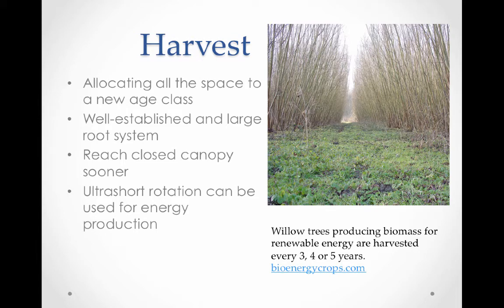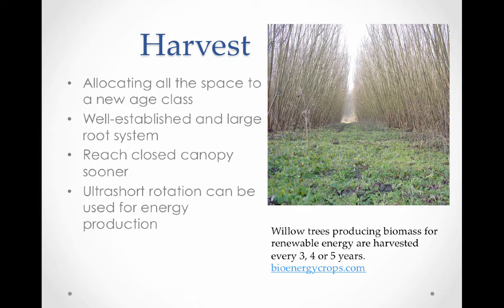With a harvest with coppice, again, you're allocating all that growing space to a new age class. However, unlike with our clear-cut method with seeds, these suckers, this asexual reproduction method, already have a well-established and large root system. So they already have a head start.